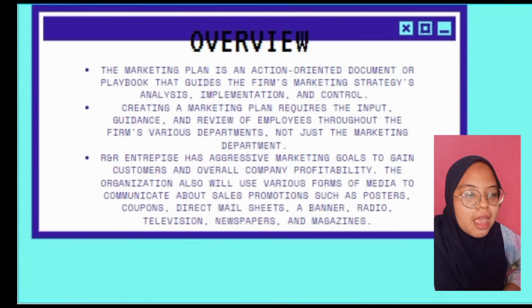R&R Enterprise has aggressive marketing goals to gain customers and improve overall company profitability. The organization will also use various forms of media to communicate about sales promotion, such as posters, coupons, direct mail sheets, banners, radio, television, newspaper, and magazine.